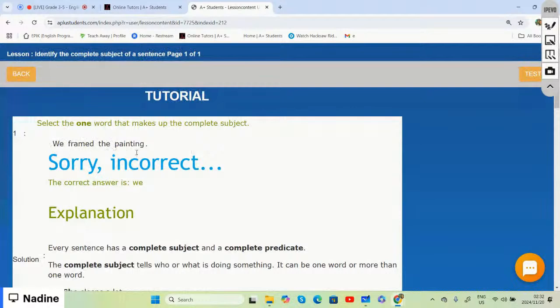What is that one word that shows that this is a completed subject? We framed the painting. So we need to identify that one word that makes up the subject. We need to select the subject.